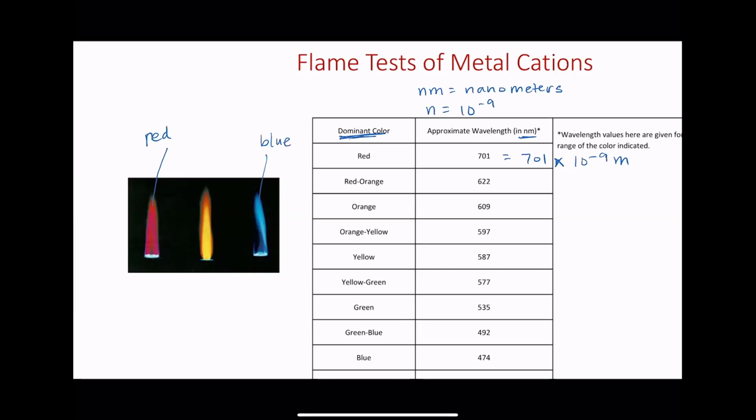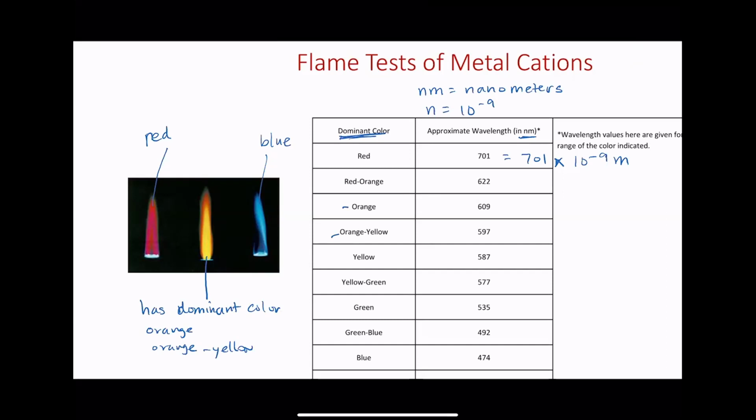The idea of the dominant color is that you want to report the major color you see. So in this flame, most of it is either, you could say, orange or orange yellow. You don't want to be too creative because you want to go with the colors that are in this listing, this table.